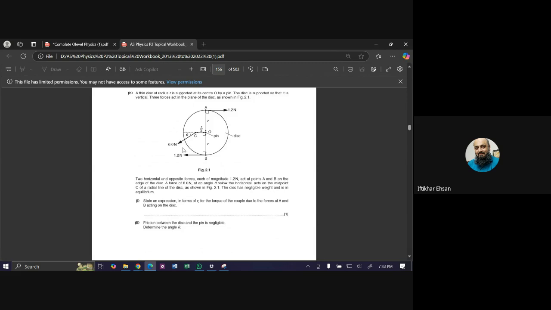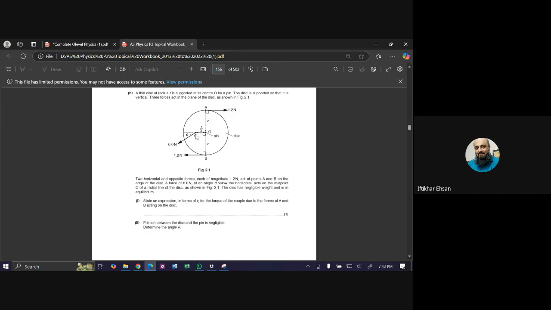Can we see the statement? A force F at an angle to the horizontal x on the midpoint. It's not saying anything. Beta, the force will again be the same. The force which the disc will apply on the pin will be the same.